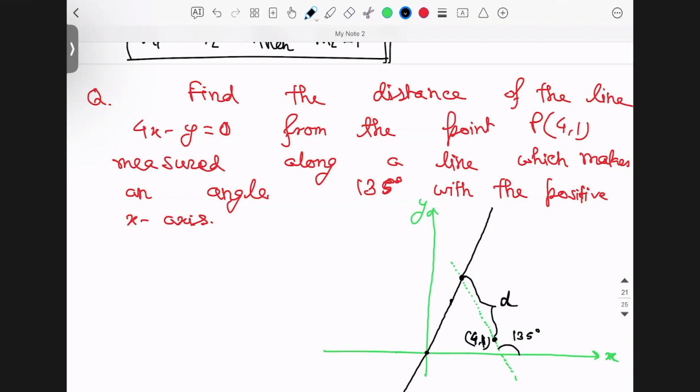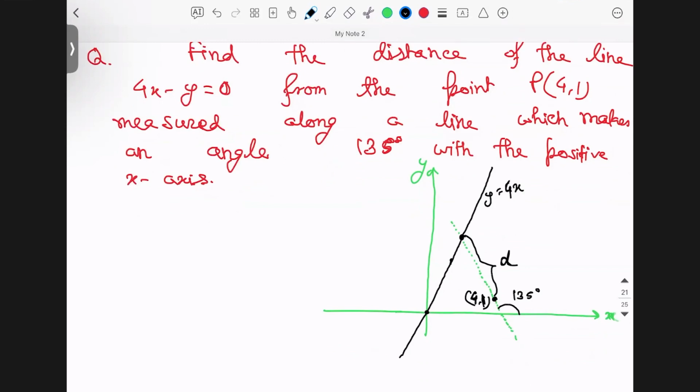For that, we know the equation of this straight line is y equals 4x. Now I need to find the equation of the dotted green line. For that, we have that the straight line passes through the point (4, 1).